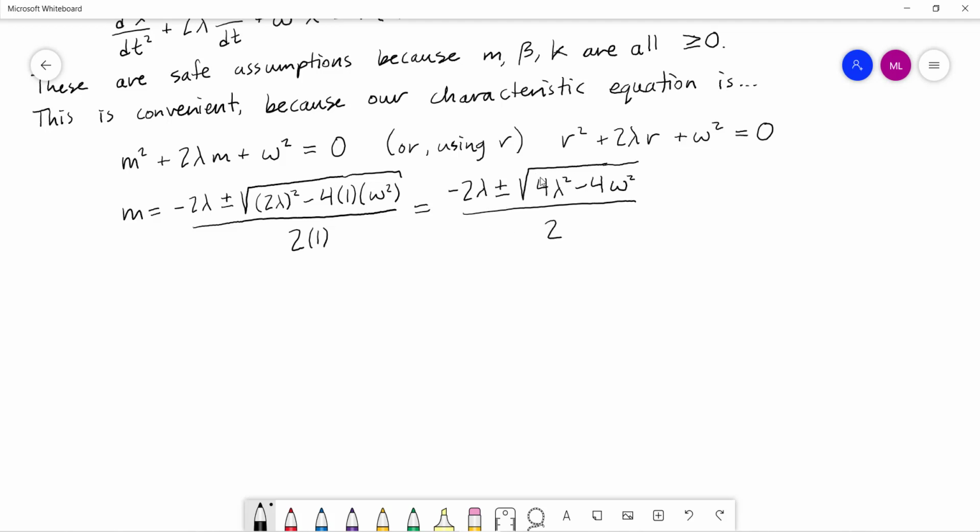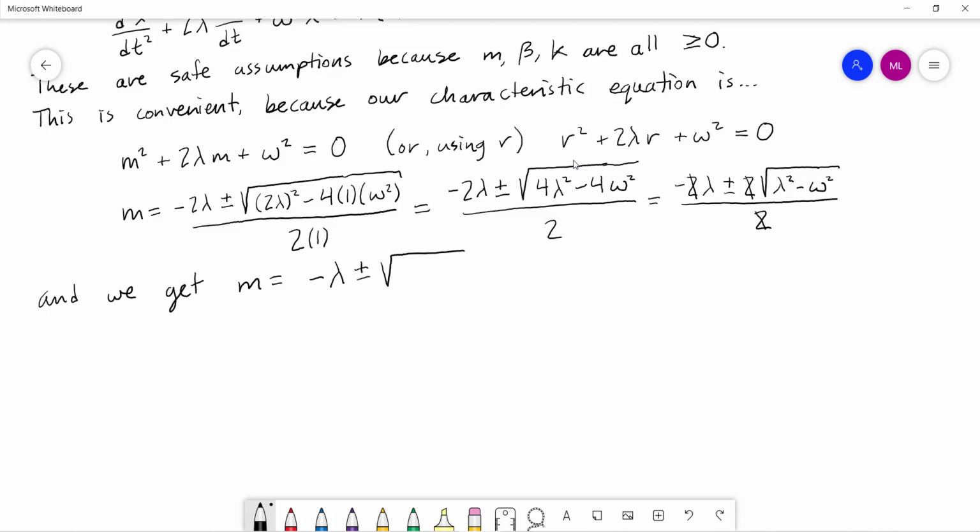Again, we can factor the 4 out and pull it outside of the square root sign as a 2. So we've got negative 2 lambda plus or minus 2 times the square root of lambda squared minus omega squared, over 2. Cancel these 2's, and we get that m is equal to negative lambda plus or minus the square root of lambda squared minus omega squared.